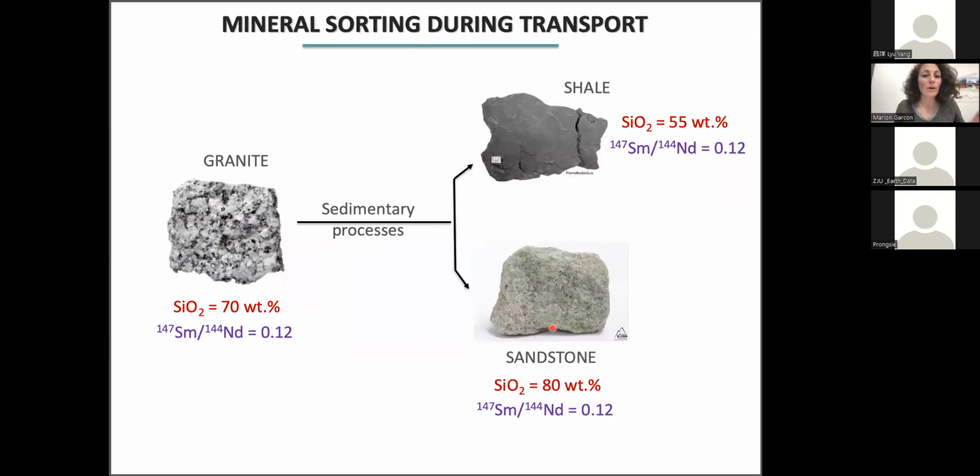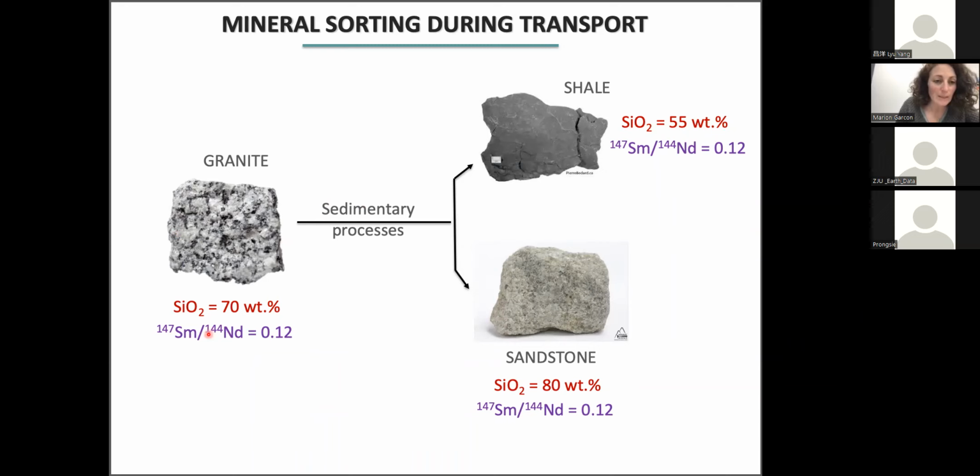And so another way to say that is, if you erode a granite with an average silica content of 70 weight%, you erode, alter, transport this material, then you can form a shale that has a much lower silica content and a sandstone that has a much higher silica content. So you cannot use this proxy to get to the initial composition of the source.